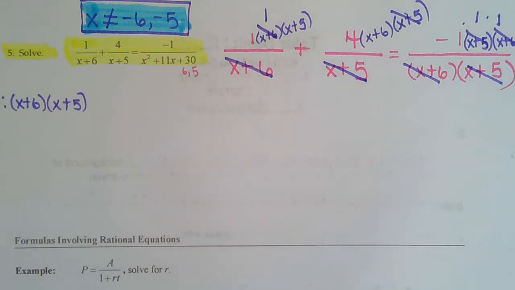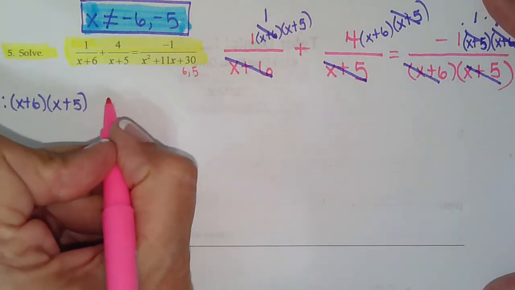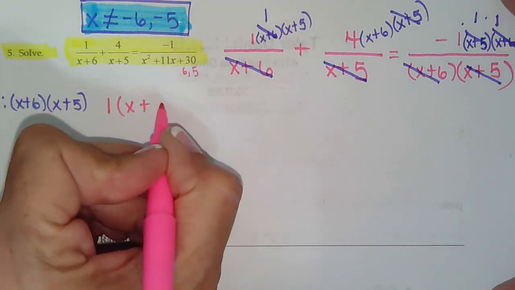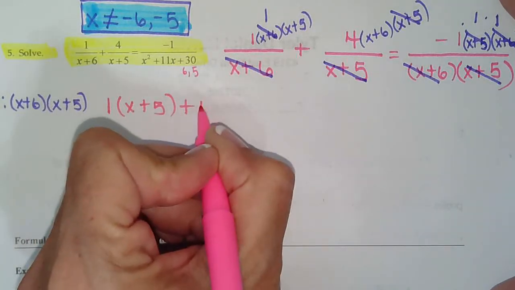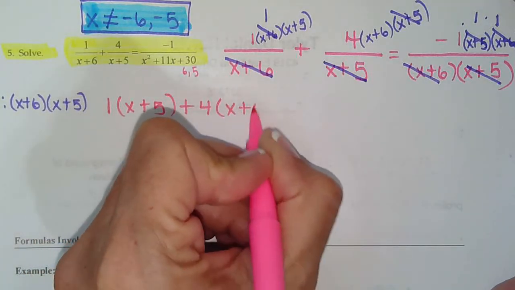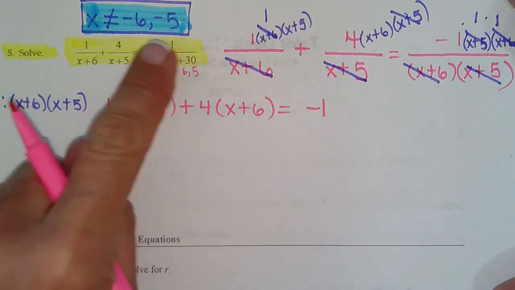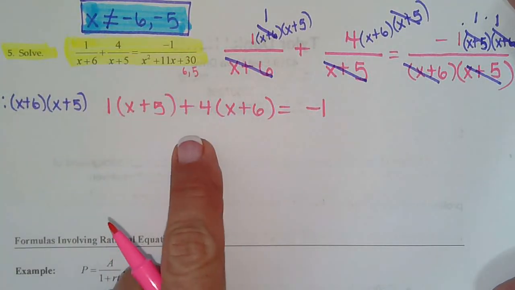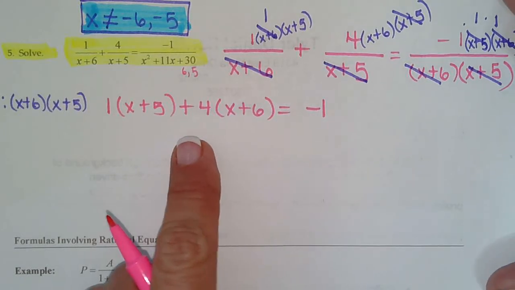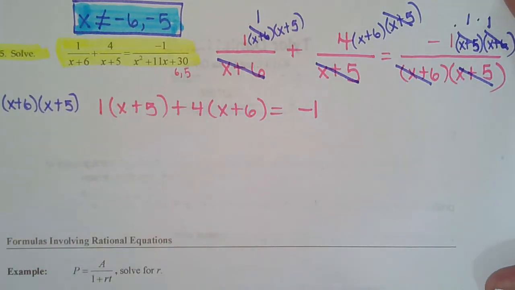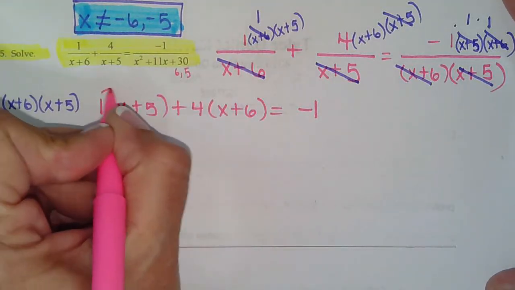Wow, this is going to be a sweet, easy problem. So what do we have left? We have 1 times x plus 5 plus 4 times x plus 6 equals just negative 1. Look at that. We took that big, ugly problem and look what it's simplified to. Beautiful. So let's solve this.